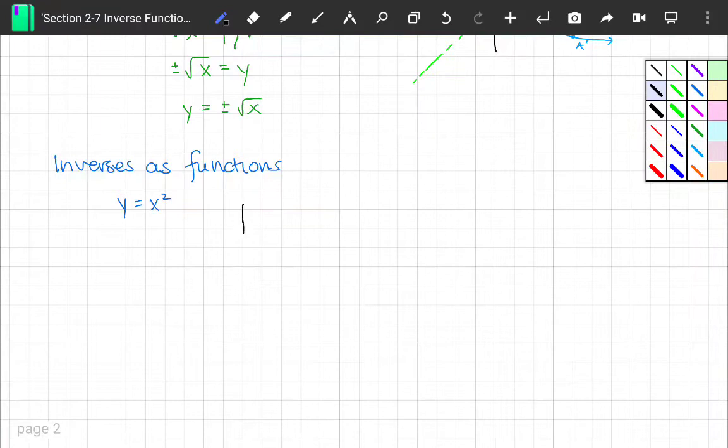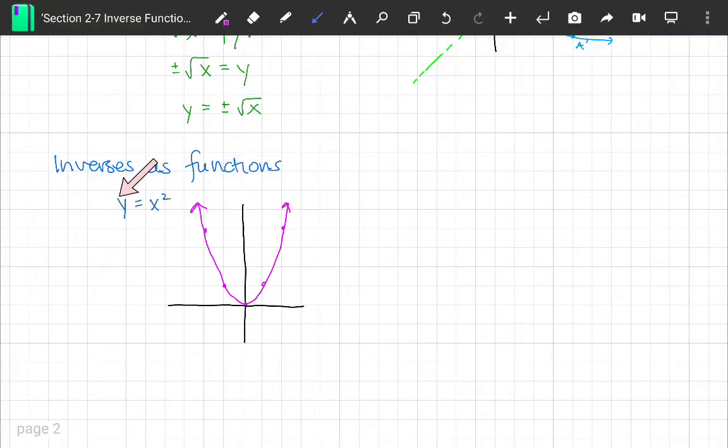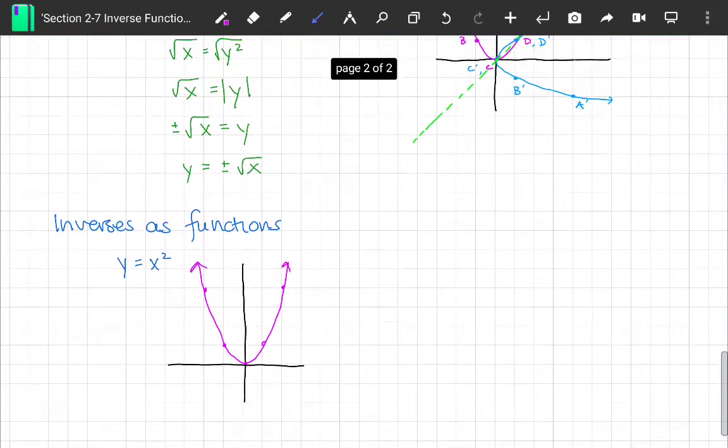I'm going to go ahead and just quickly draw that right here. We know it goes through these 5 points. Now, we can look at this and see that the inverse will not be a function.